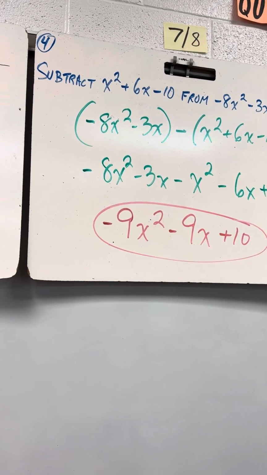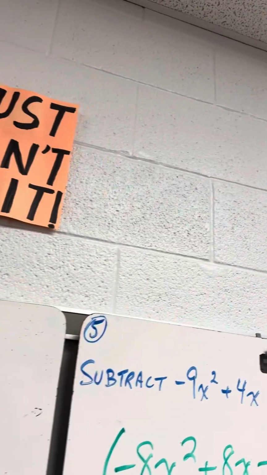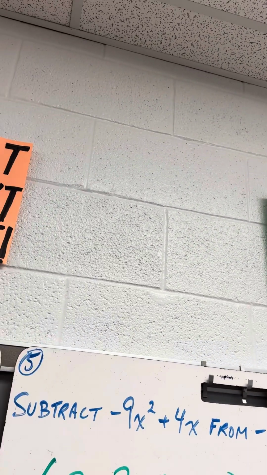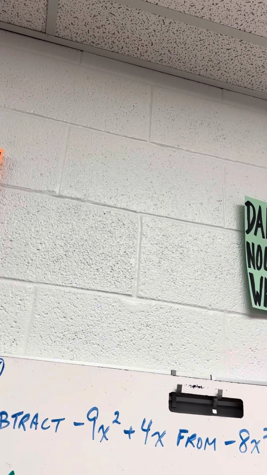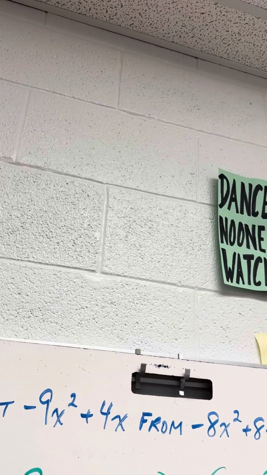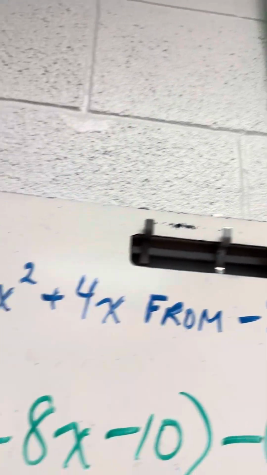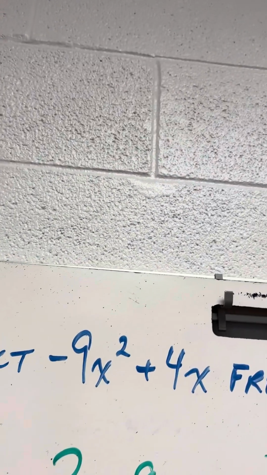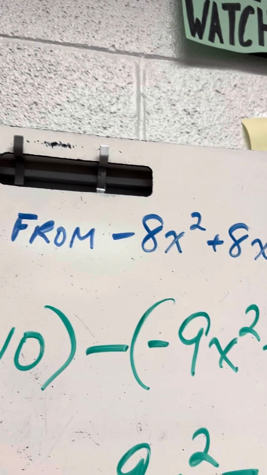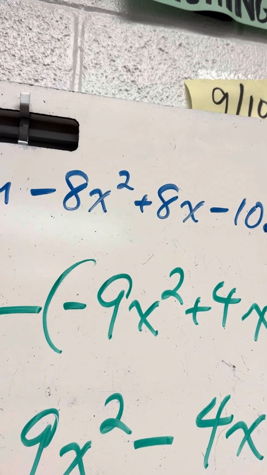Okay. Same thing. Subtract negative 9x squared plus 4x from negative 8x squared plus 8x minus 10. So we're going to put this guy first and this guy second. Okay?